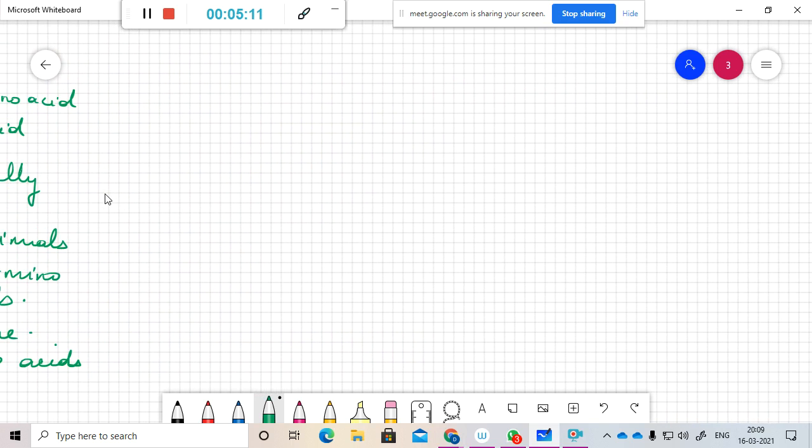Now let us look at what are the 20 standard amino acids. As you have seen, the 20 standard amino acids have a similar structure.